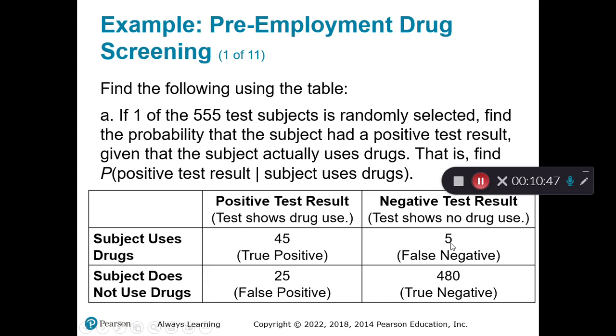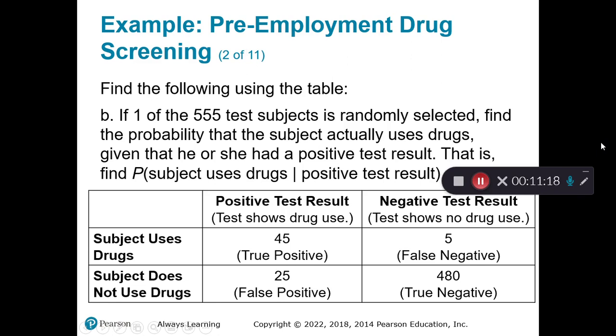There's 50 total, right? We know that the subject who's chosen actually does use drugs. So it must be one of these 50 people in the first row. Of those 50 people then, how many would have a positive test result? 45 of them. So the probability of getting a positive test result, given that we already know the subject actually does use drugs, would be 45 out of 50.